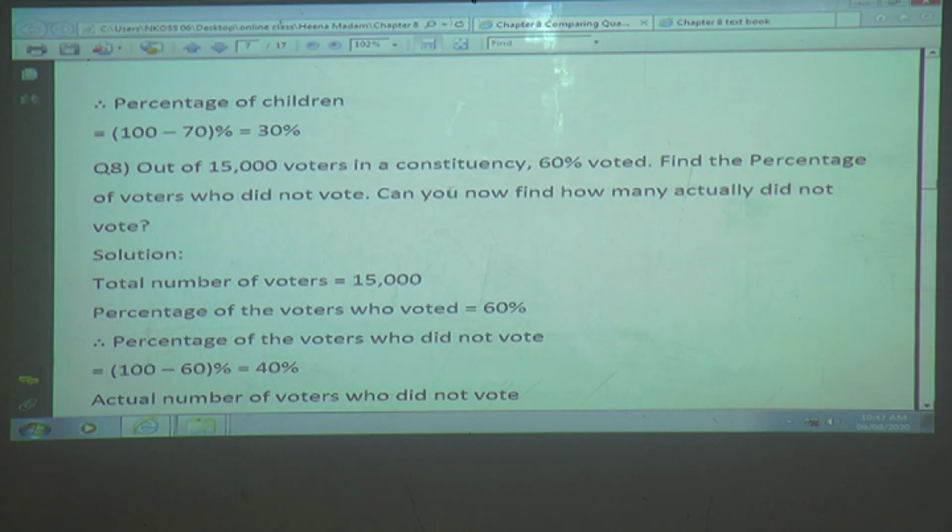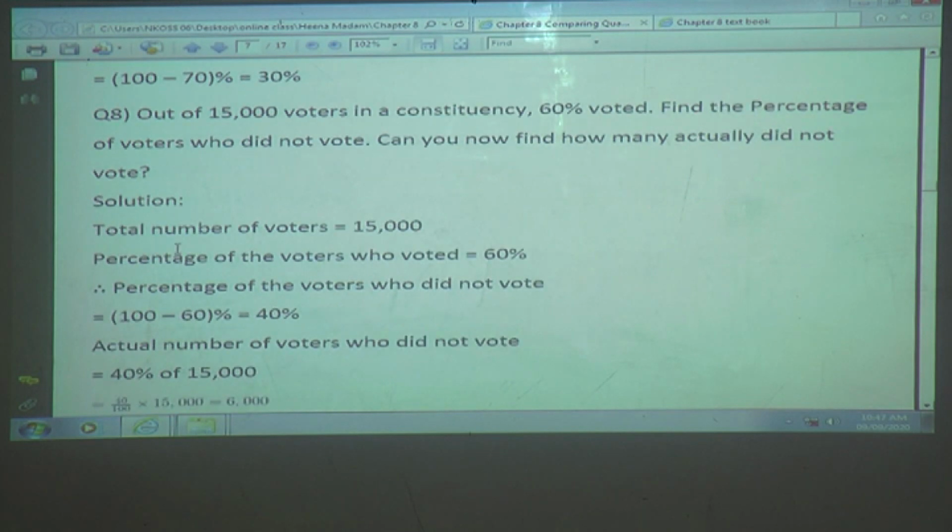Already we know that 60% have done the voting. Now we have to find how many voters have not voted out of 15,000. So can you now find how many actually did not vote? That we have to find out.